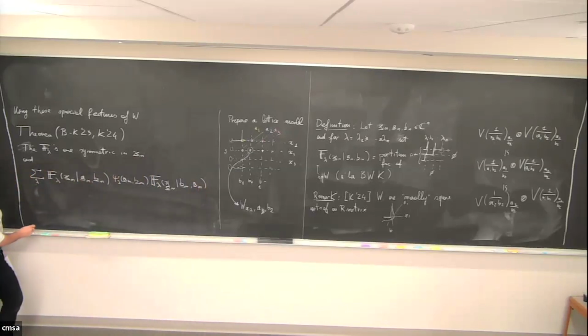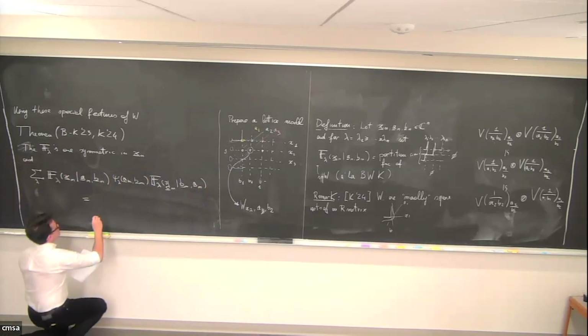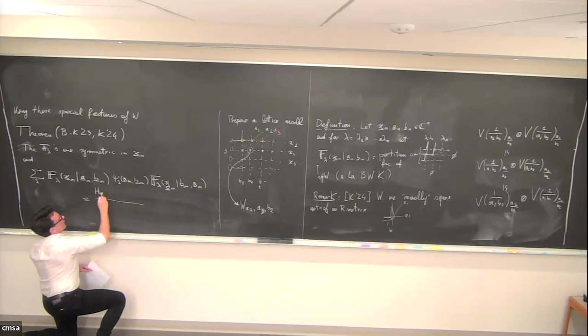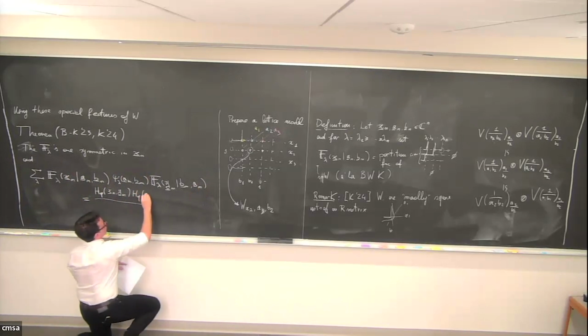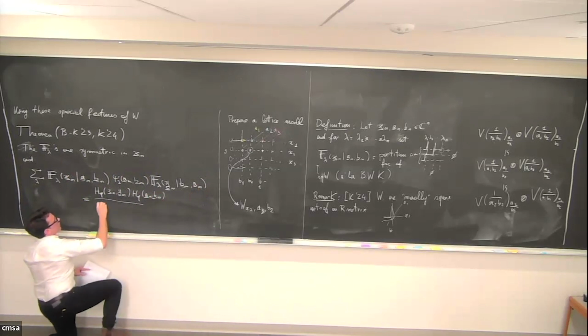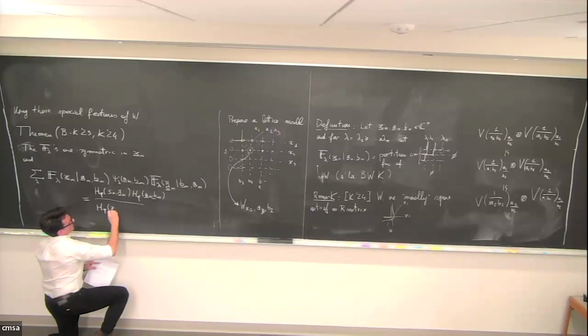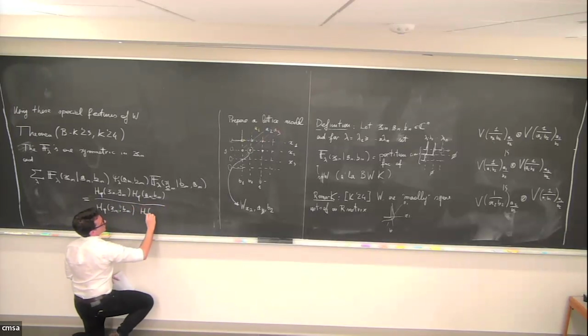So this is a factorized expression. So this is equal to a fully factorized expression, which I am going to write as HQ of xn ym, then HQ of am b an bm, divided by HQ of xn bm, and finally HQ of an ym.